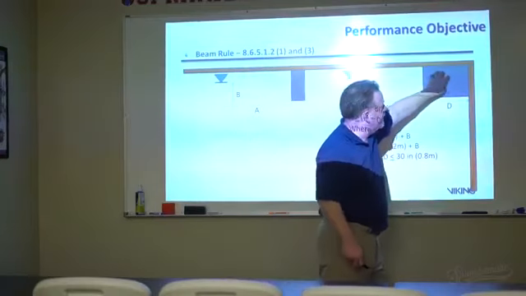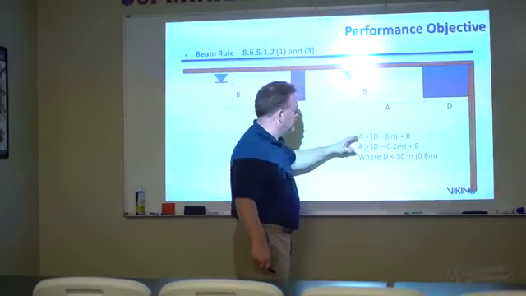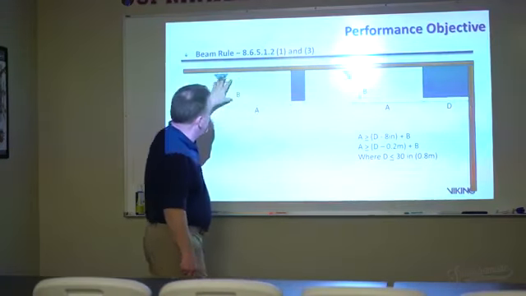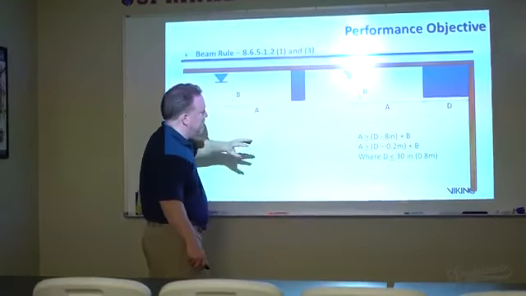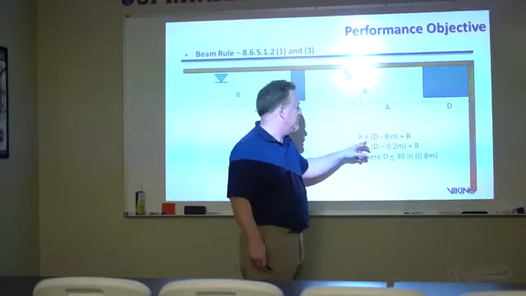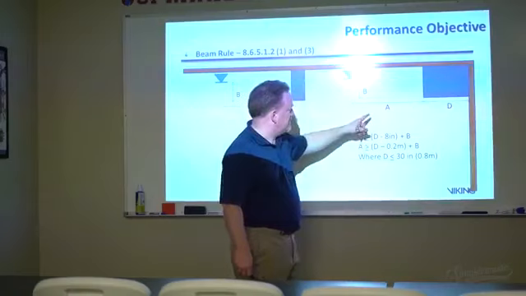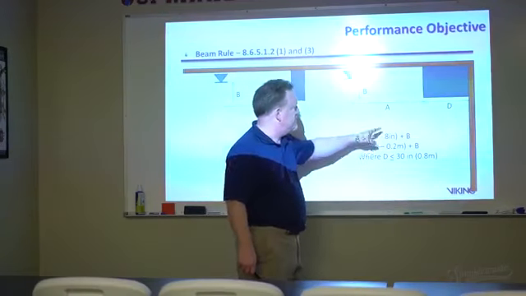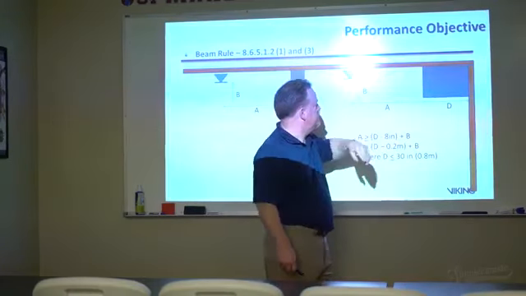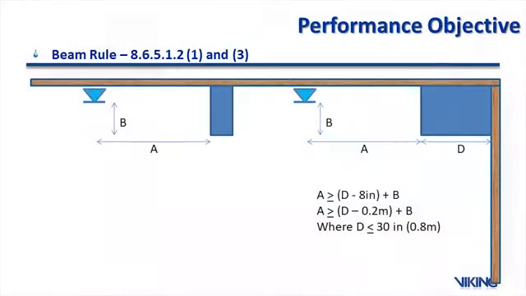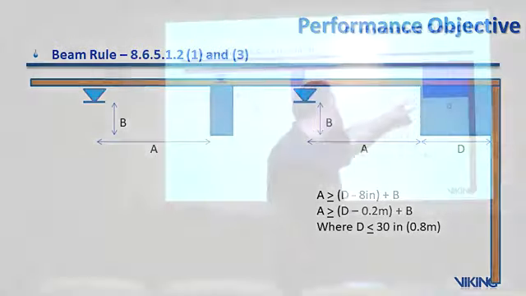If I've got a soffit on the wall, then it's not so much just a straight A and B here, it's more of a calculation. A has to be greater than the distance D, whatever this distance is, minus 8 inches, plus B. So we need to know how deep this is.